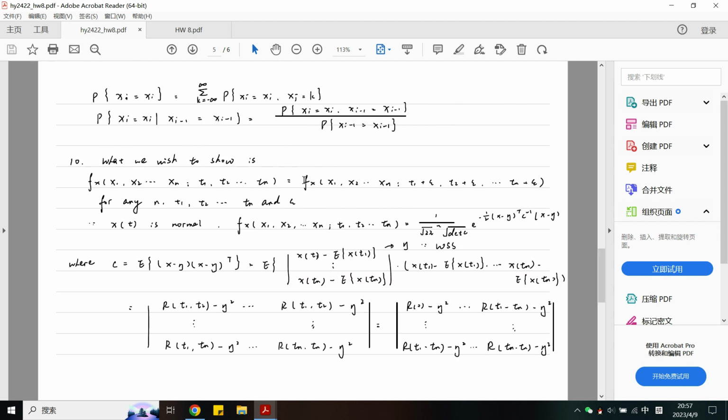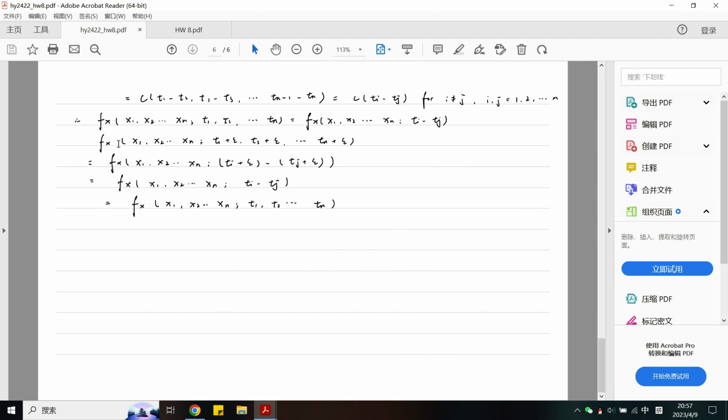And also we need to find which expression can express this term. We found that f_X(x1, x2, ..., xn; t1 plus c, t2 plus c, ..., tn plus c) equals f_X(x1, x2, ..., xn; (ti plus c) minus (tj plus c)).